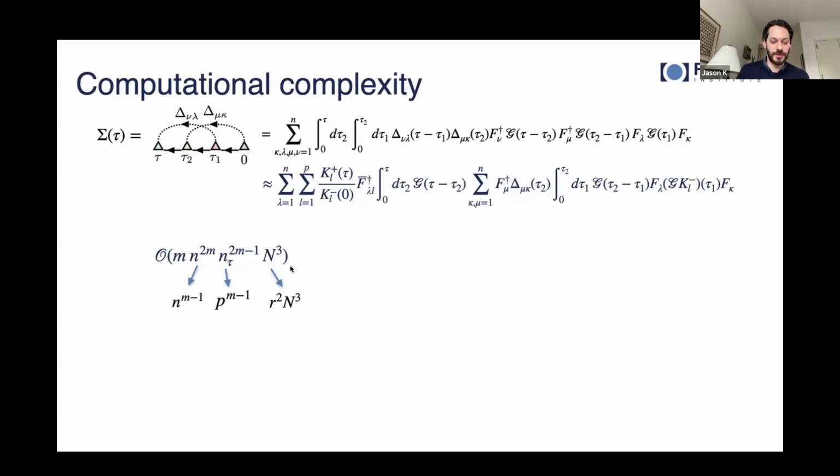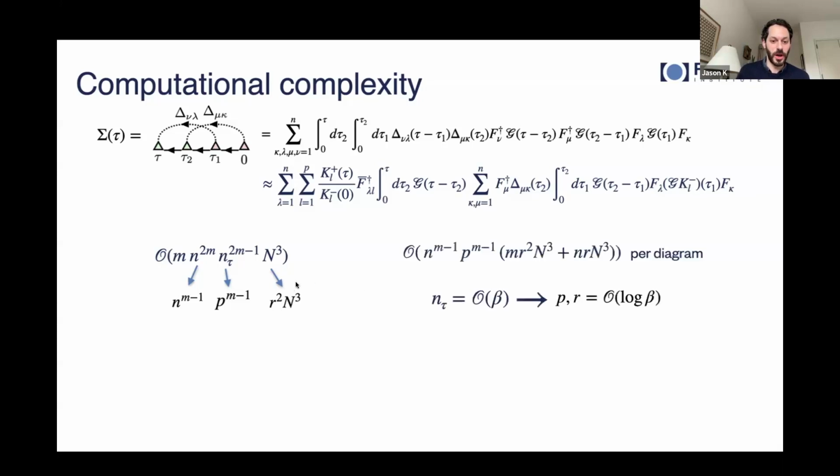And the cost of doing those convolutions using the DLR and some tricks, it turns out, is r squared, where r is the number of DLR basis functions, times our capital N cubed for the matrix-matrix multiplications. Okay, so there's a little more detail. We get another term, but don't worry about it. We get this complexity in the end.